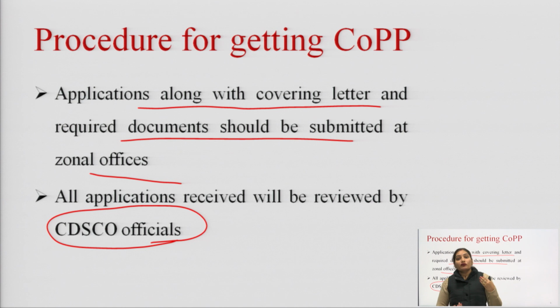Okay. Module 4 consists of non-clinical study reports, and module 5 consists of clinical study reports. So, the application to get the COPP license should be submitted in the same format as specified in the CTD.